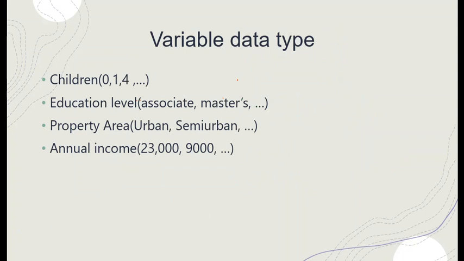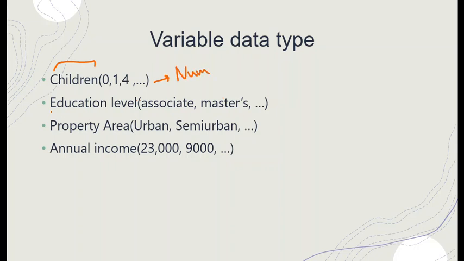Starting with the studying of the variable type, right? So here we have a few sample rows, sample columns. For example, for children, the values there are like 0, 1, 4, 5, 2, etc. So clearly this one is numerical, right?